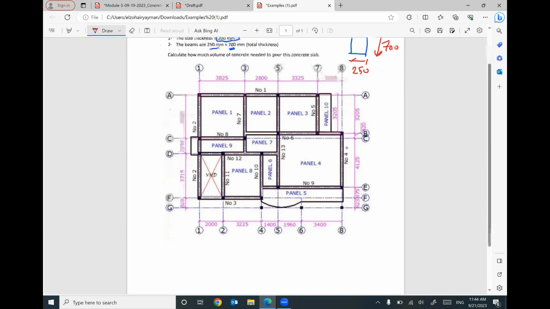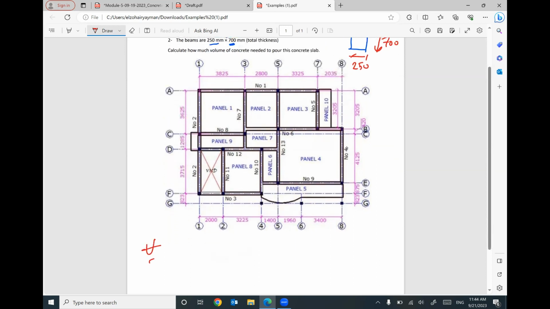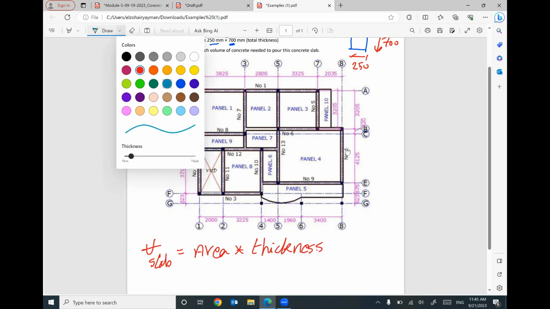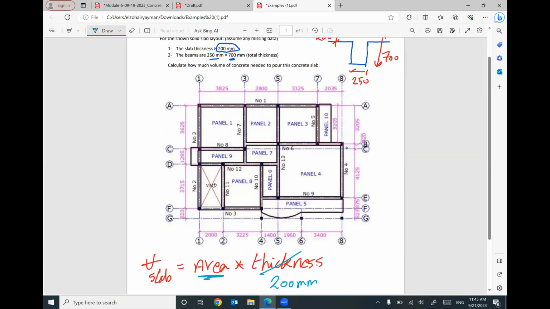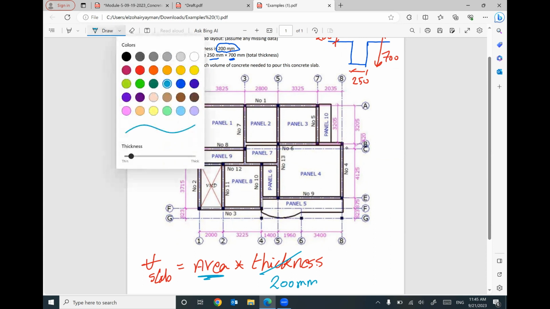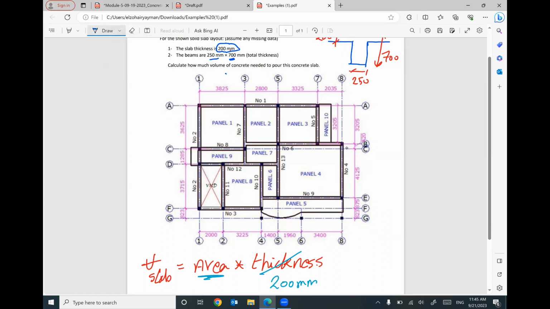So if you would like to figure out the volume of the slab, we need to multiply the area of this slab by thickness. That's fine. Your thickness is given as 200 millimeter. What about the area of the slab? This is for drawing purposes. I need to figure out the area of this shape.